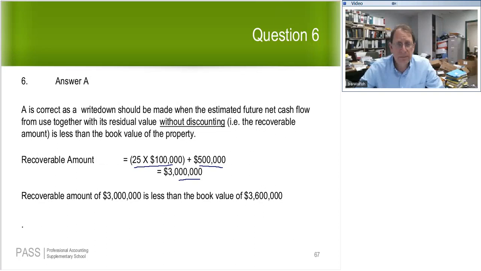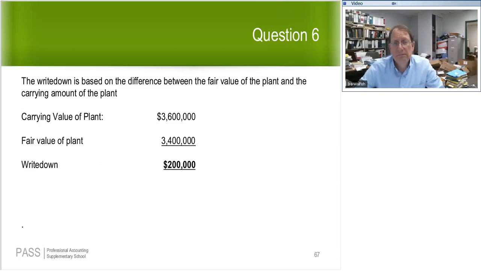Got a problem. But don't write it down to $3 million. So there's no way the answer is B. It's not $600,000. What's my fair value? $3,000,004. Okay, so let's write it down, $200,000. So the answer is A. No tricks, people, just following the formula for ASPE.